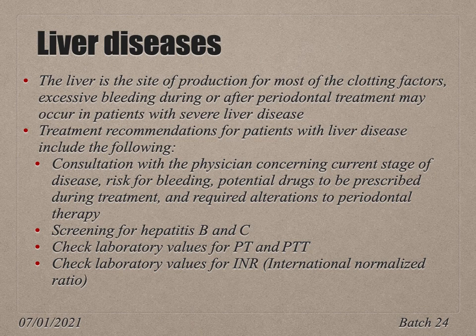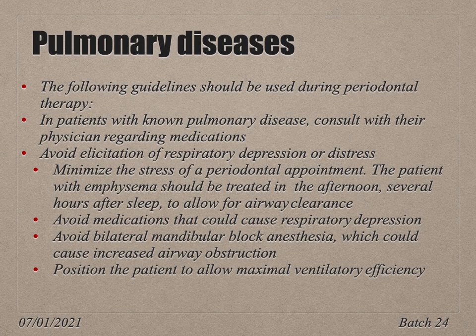During the treatment, screen for hepatitis B and C, check the laboratory values for prothrombin time and partial thromboplastin time, and check the laboratory values for INR, International Normalized Ratio. So if all these are normal, then you can proceed with the treatment.